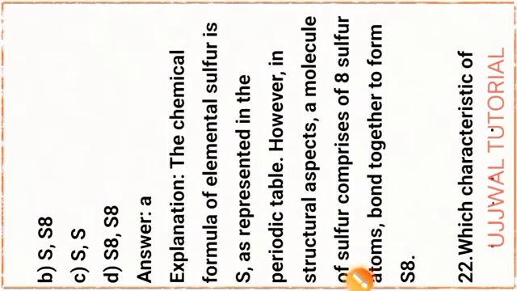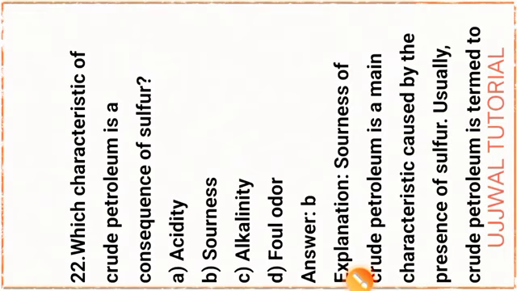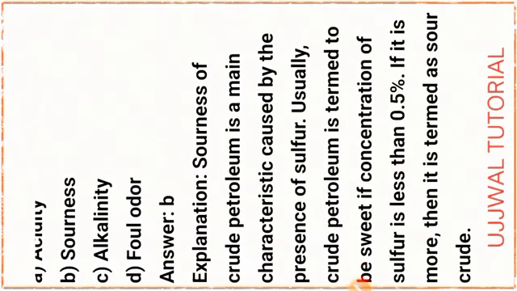Okay. Next question number 22. Which characteristic of crude petroleum is a consequence of sulfur? Option B, sourness. To explain this word, sourness of crude petroleum is a main characteristic caused by the presence of sulfur.